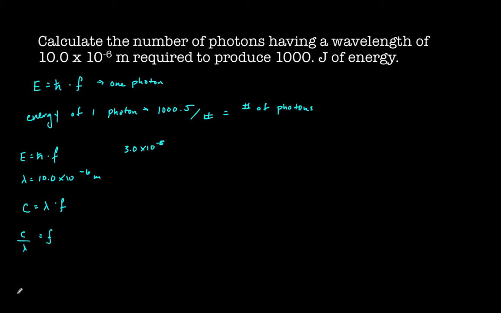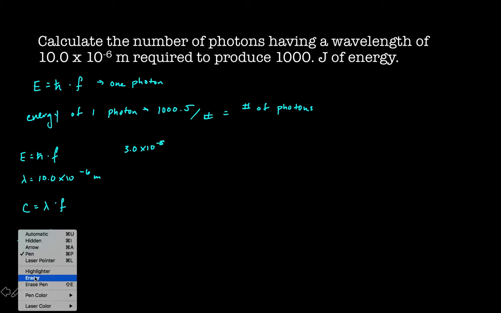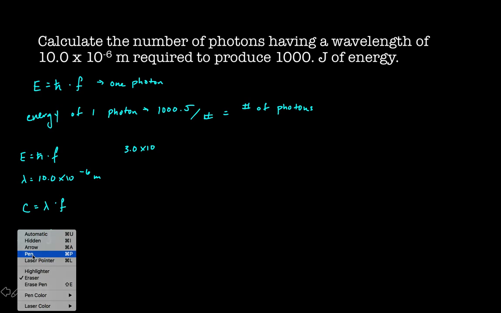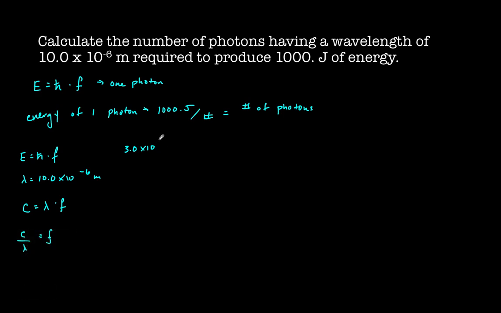Of 10 to the 8th meters per second. Again, the speed of light, that is always the same. And I divide that now by my wavelength in meters, 10.0 times 10 to the negative 6 meters. Then I'm going to get my frequency.